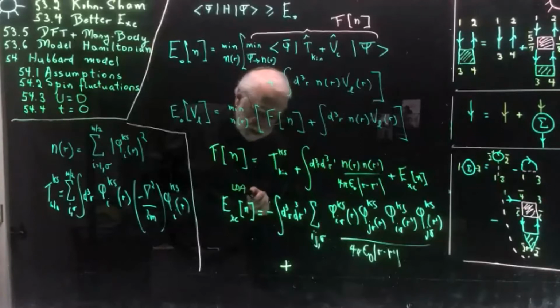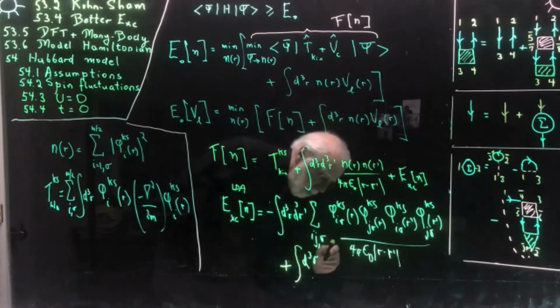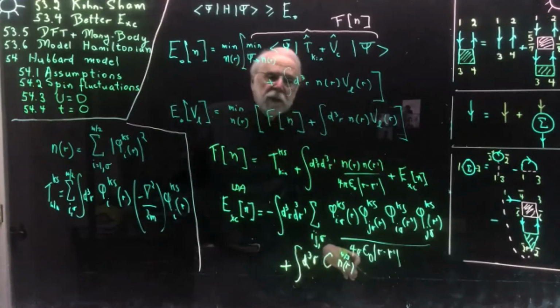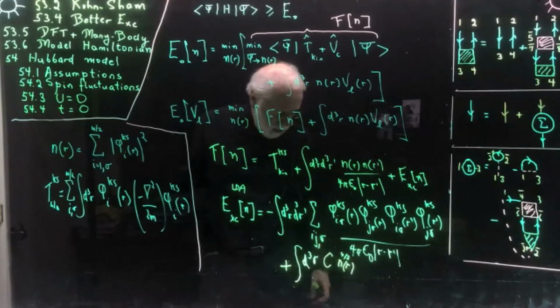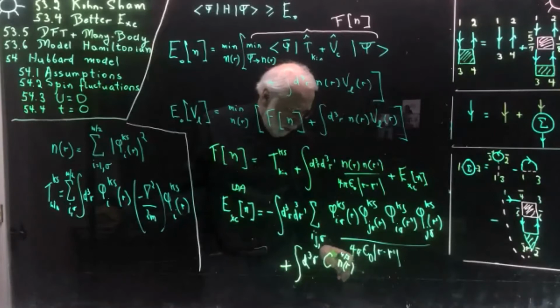What that means is that this thing that is left here will be an integral over r, times some constant, times the density n of r. And it turns out, and I'm not sure I have a good reason for this, that it's to the 4/3 power. It can be justified in terms of Thomas-Fermi screening, but I don't know how to do it on the spot here.